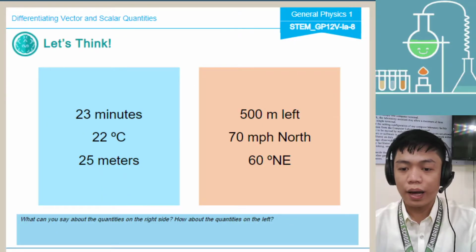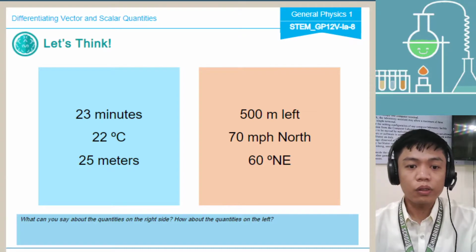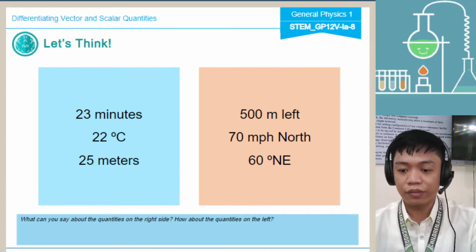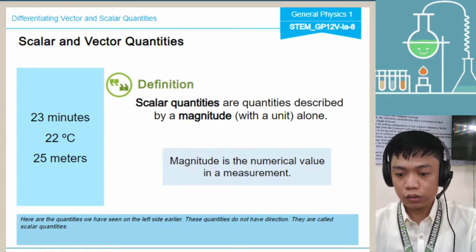As we go back to these illustrations, we can see that both have the same magnitude, right? But the difference is that on the right part of this illustration, there is a direction.